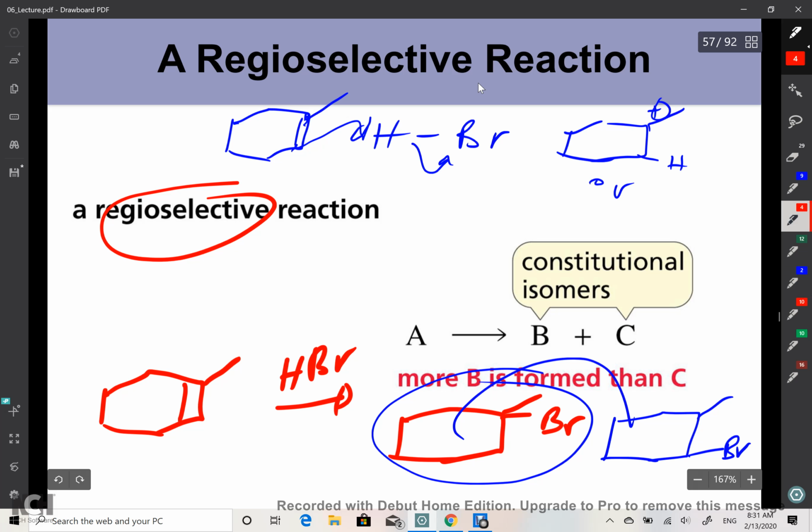Or, I will have this other case: the positive charge here, and then the hydrogen. Those are the two possible intermediates. And in this case, the blue intermediate is more stable because it's a tertiary carbocation. Does that make sense? Yes, Amalia, you had a question.